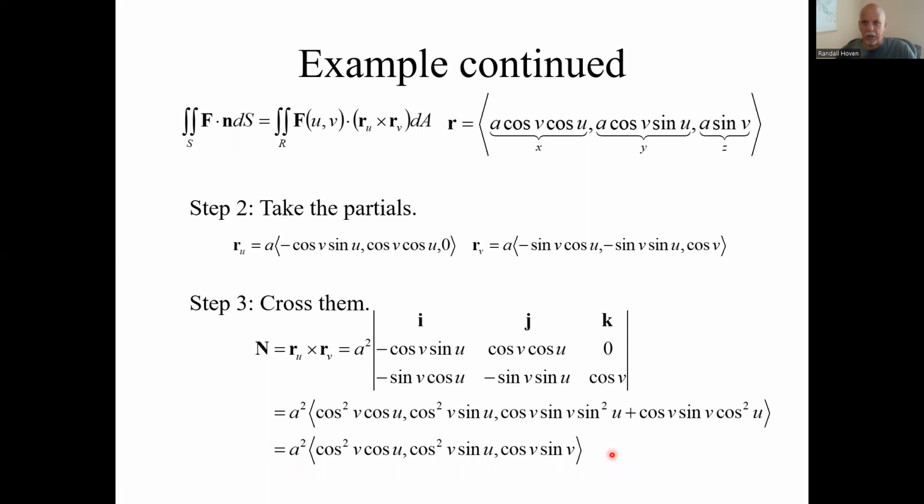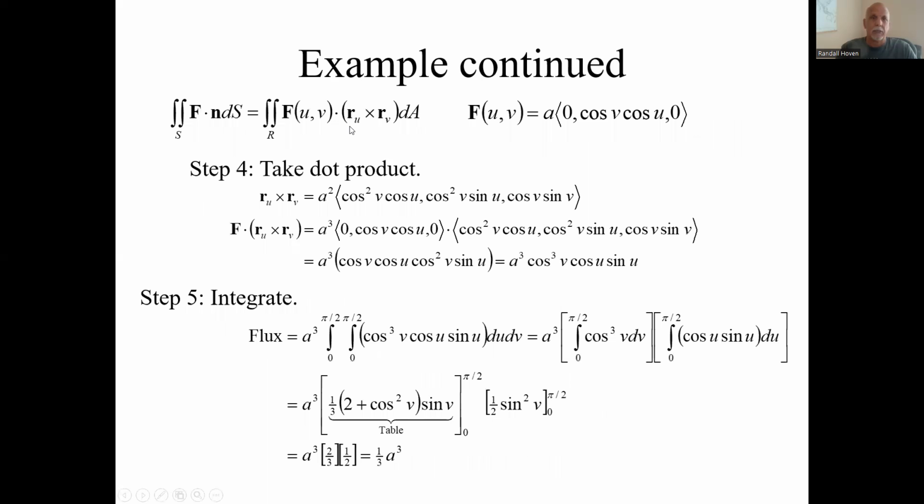Anyway, go through that, and here's what you get. Here's that cross product. What do we have to do next? Take this dot product. Here was our F. Here was our r sub u cross r sub v. So now we've got an a cubed because they all have an a in them. Do that dot product. I won't go through that.